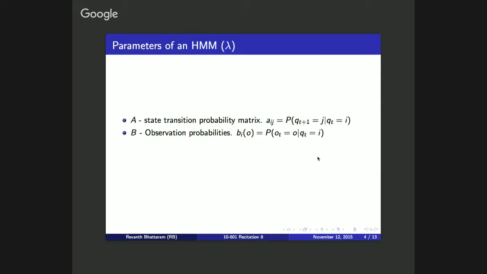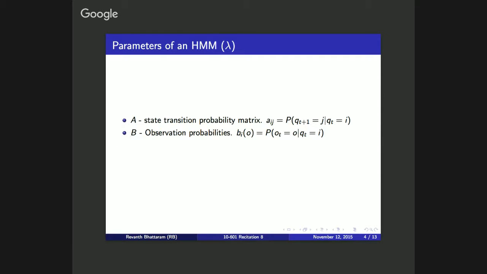So we are also interested in: if internally I'm in some hidden state I, what is the probability that I'll be seeing observation O? That is defined by the observation probabilities, which I denote with the matrix B.